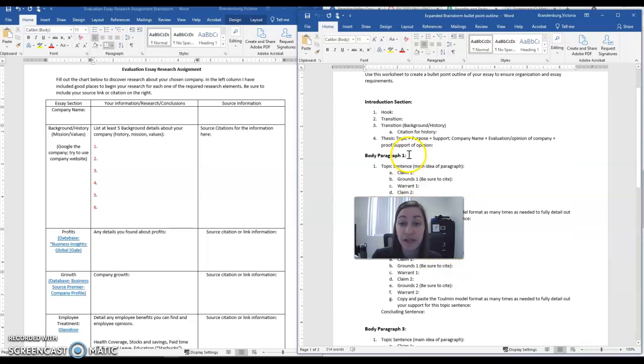So when you go to fill this in, you have to think of what your bigger ideas are. These don't have to be great or complete sentences. They just have to help me understand your evaluation of your company. So let's say that I think about what my main paragraphs are about. Maybe one of them is going to be employee treatment.